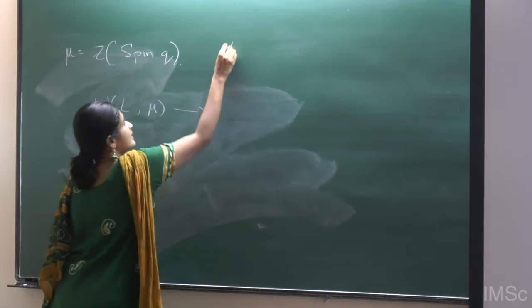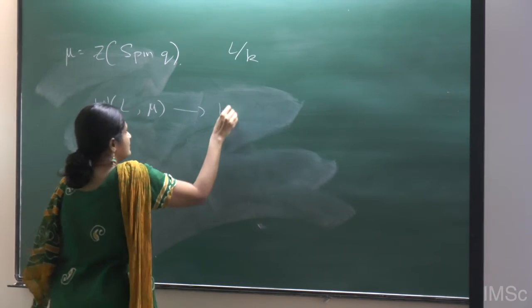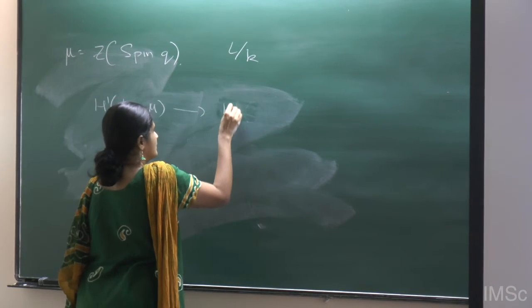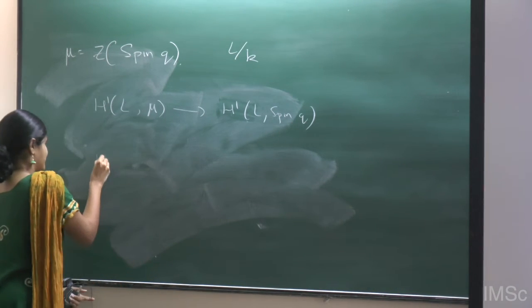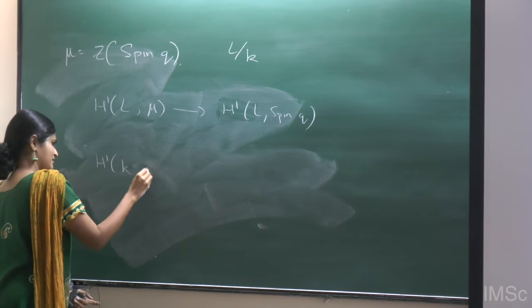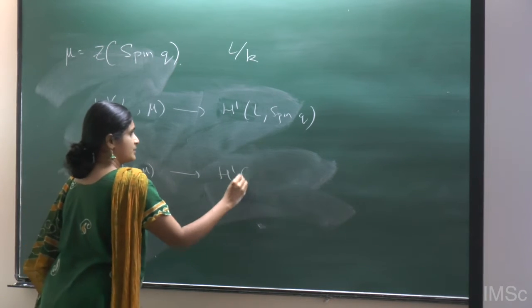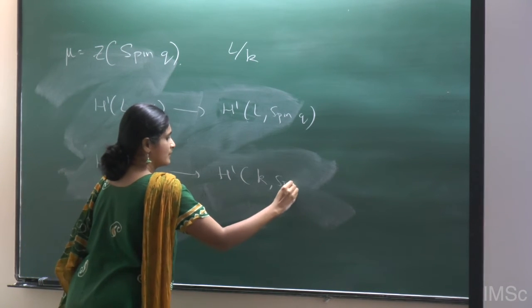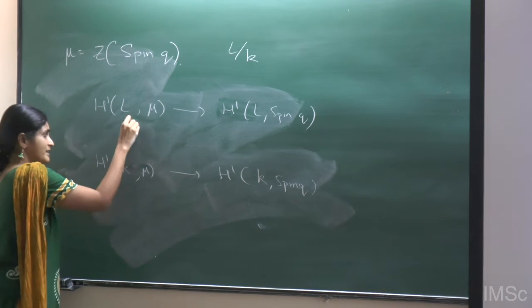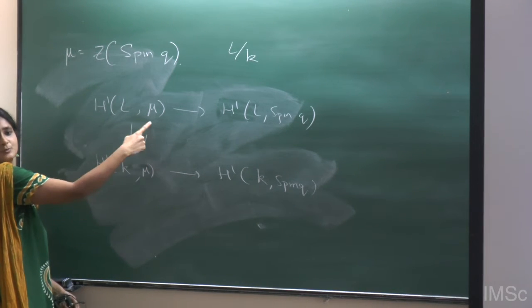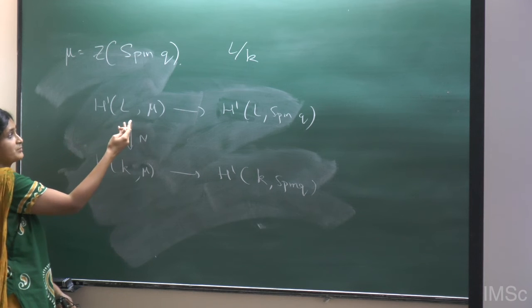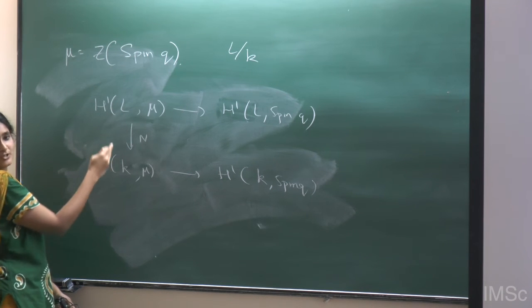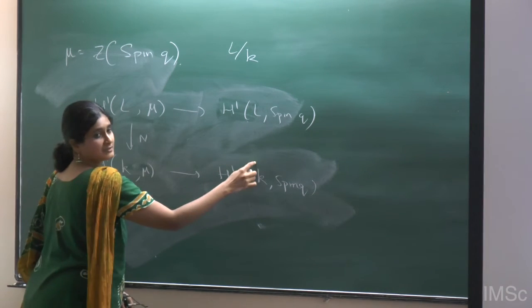Let's say I have some field extension L over K, to H1 L spin Q. I also have at the K level H1 K mu to H1 K spin Q. On this side I have a norm map. This is an abelian group. Just like you define norms for K points of algebraic groups, you can also define it for these cohomology groups. You don't have anything here.